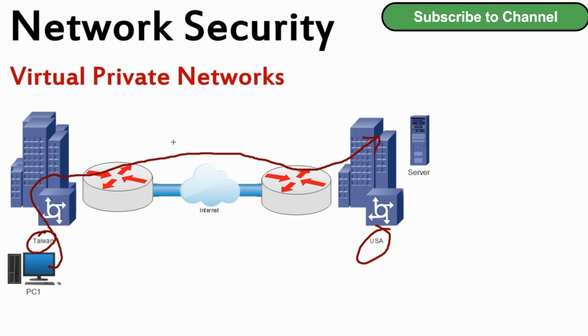Well, we will go through 50 or 60 ISPs, internet service providers. Anyone can, in theory, look at your message. And that's not what you want. You want to make sure that PC1 can download or send a message, doesn't matter, to or from this server in a secure way.